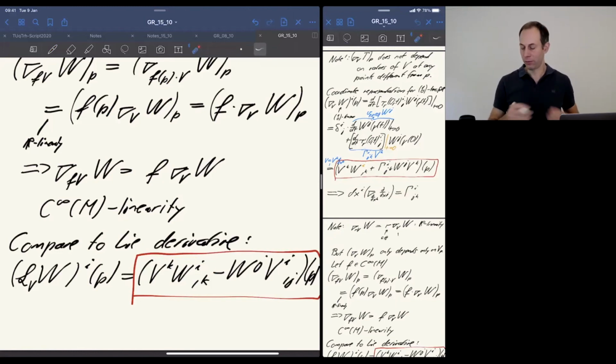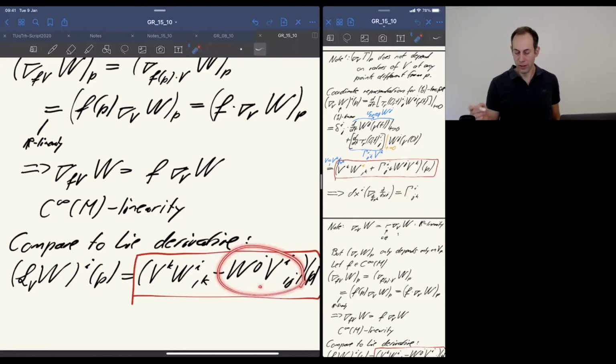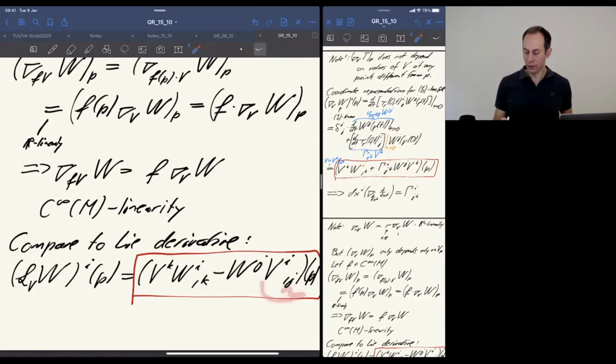So this transport map tau is characterized by these gamma symbols, and it still also depends on the vector, but not on the derivative, whereas the Lie derivative has no such additional structure, there is no gamma ijk. However, it depends on the derivatives of the v.